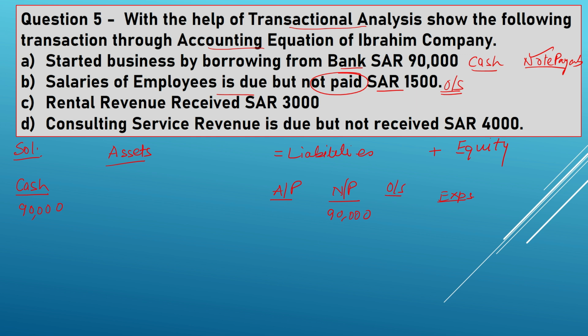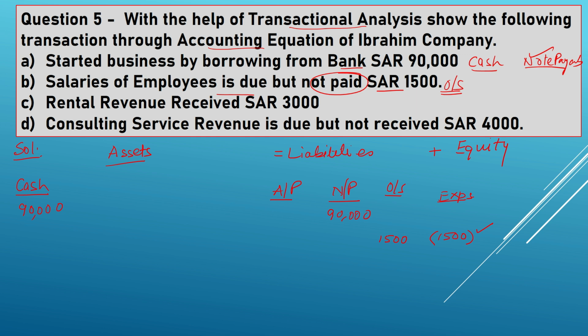So your expenses are increasing, and at the same time your liability is increasing. Expenses of 1,500 increasing, but expense will reduce the equity, so I will make the expense negative, 1,500 negative, and the outstanding salary, that is its liability, is increasing, so 1,500 your liability will increase. 1,500 is negative under the expense and 1,500 is positive under the outstanding expenses.